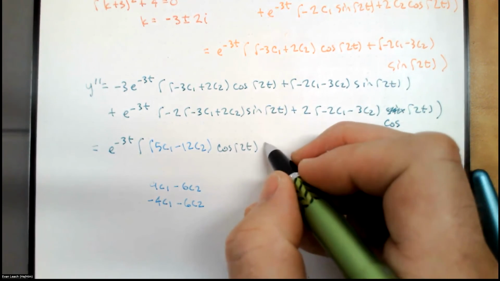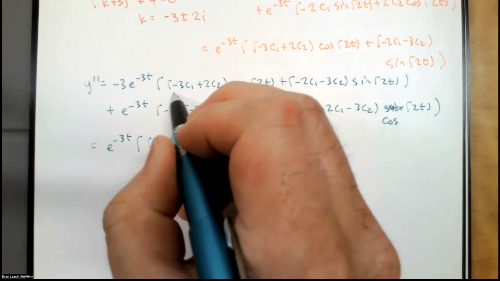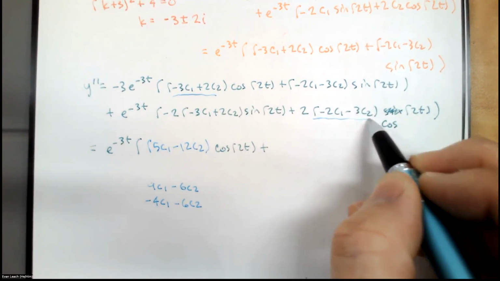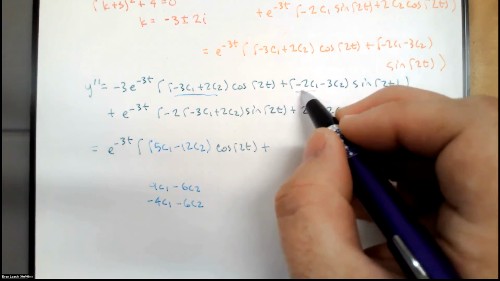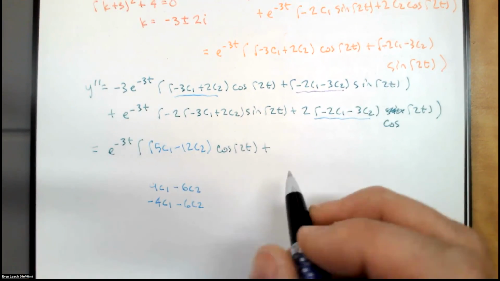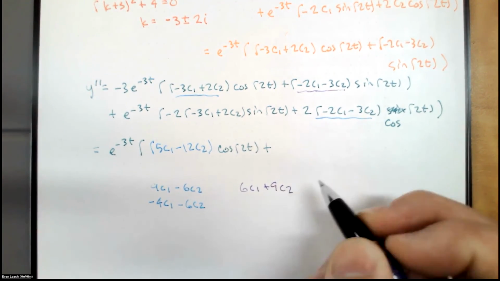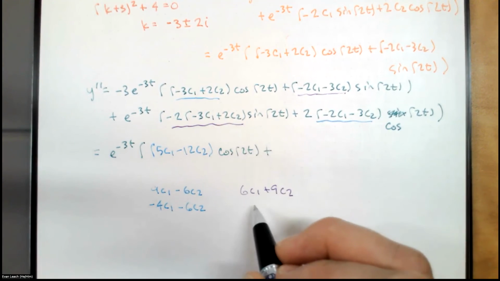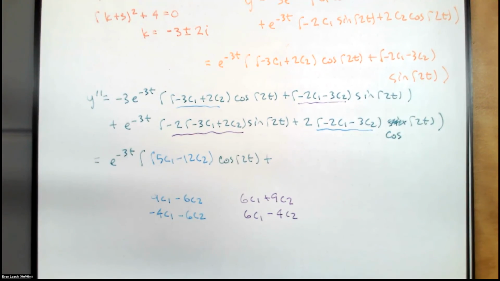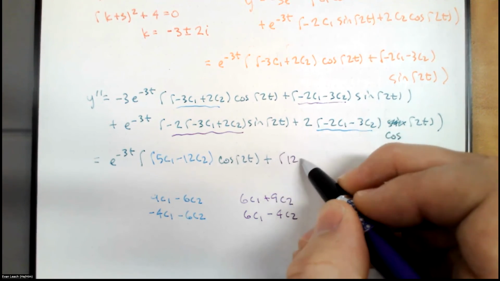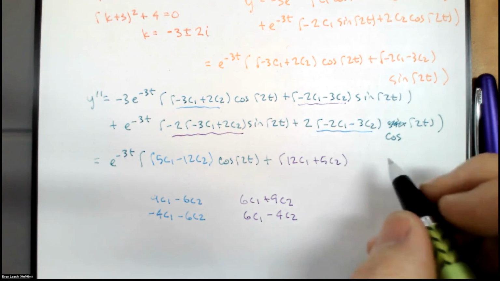Plus, for the sine of 2t, I've got this one, which has to get multiplied by -3, so that's going to be 6c1 plus 9c2. And then this one down here, 6c1 minus 4c2. So that looks like it's going to be 12c1 plus 5c2 on the sine.